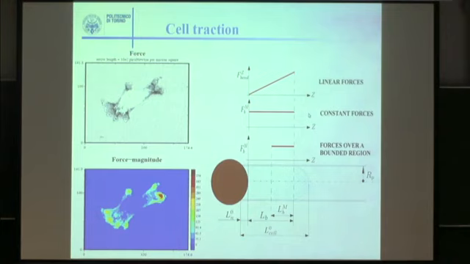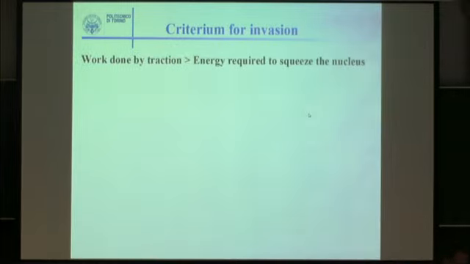Okay, and also here we made a lot of assumptions, assuming that the traction force is linear with the distance from the nucleus, or is bounded to some apical parts of this long protrusion of the cytoplasm that is here, for instance, and so on.